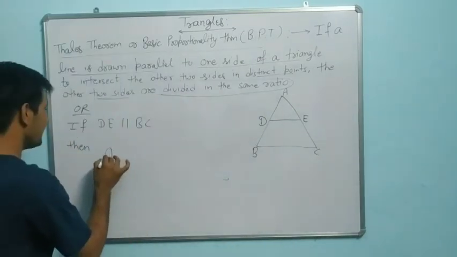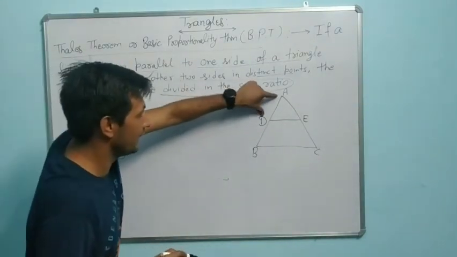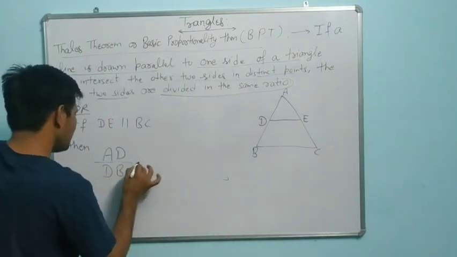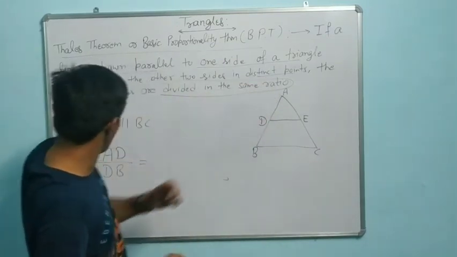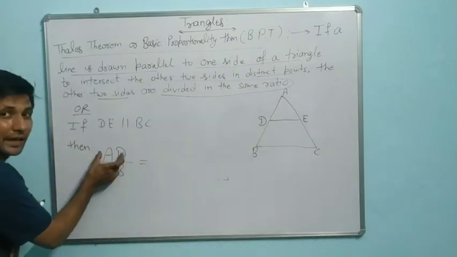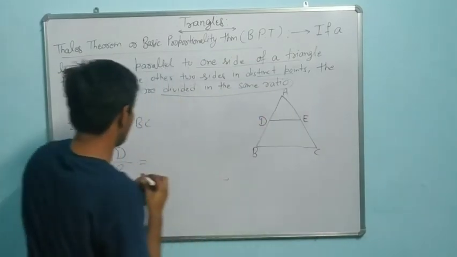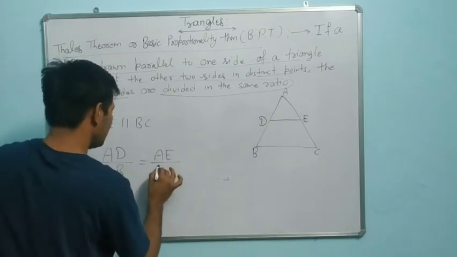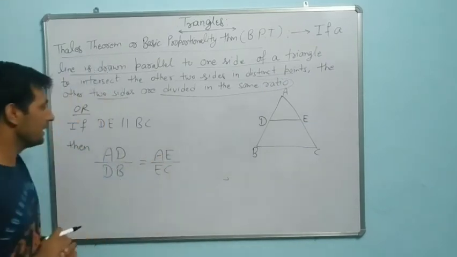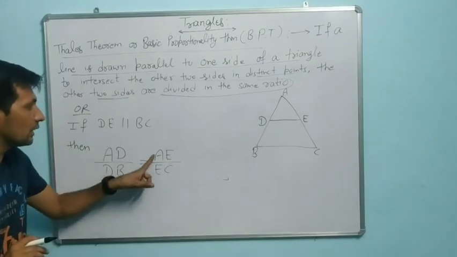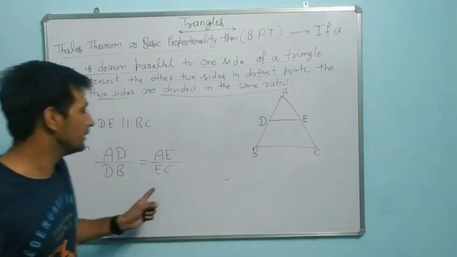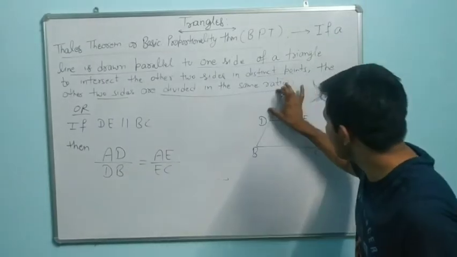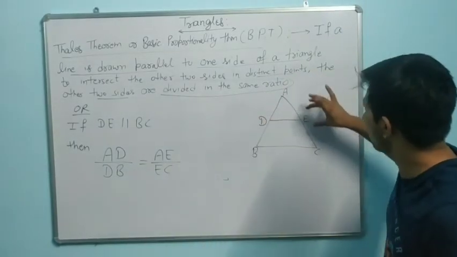It means AD upon DB is equal to AE upon EC. Understand? Ratios are always equal: AD upon DB equals AE upon EC.